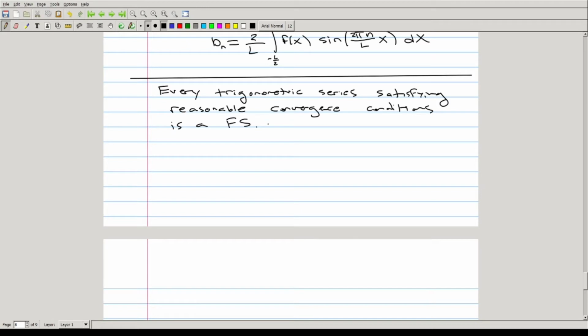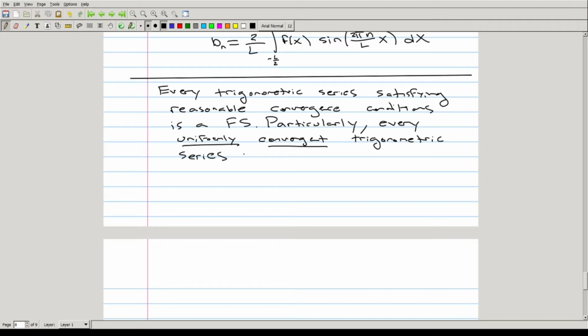And the reasonable convergence condition is particularly called the condition of uniform convergence. We'll get into what uniformly convergent means in the next lecture.